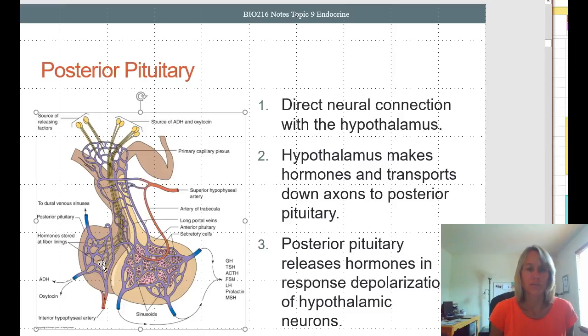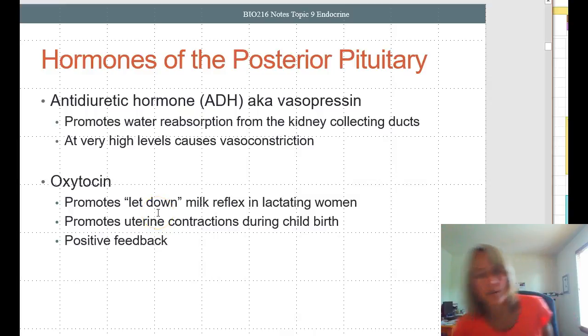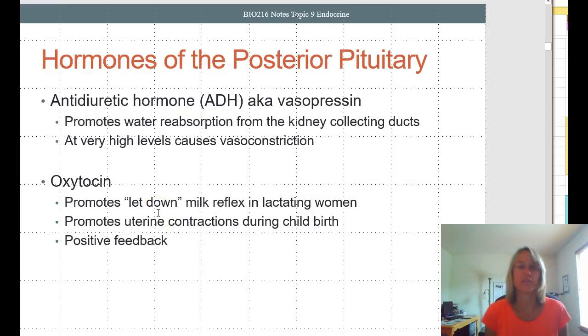The two hormones of the posterior pituitary are ADH and oxytocin. So ADH, also known as vasopressin, if you remember we talked about this at the beginning of the semester, promotes water reabsorption from the kidney collecting ducts. And remember, this causes the insertion of aquaporins.